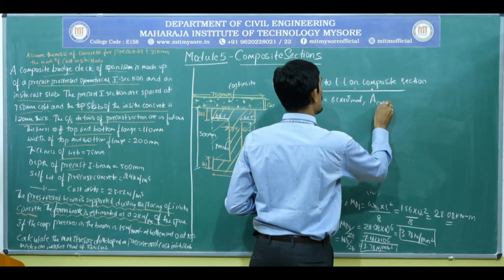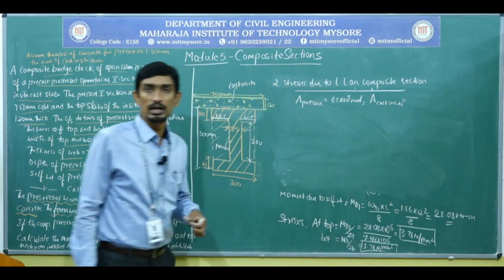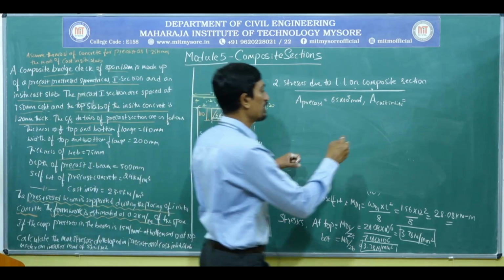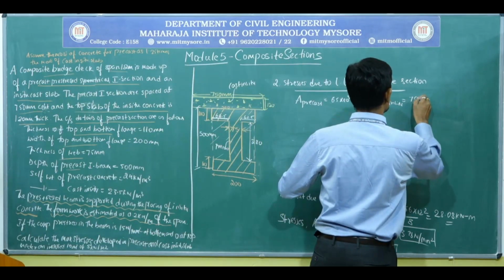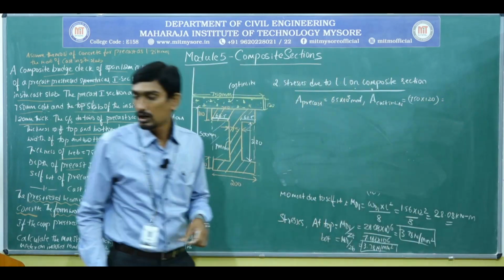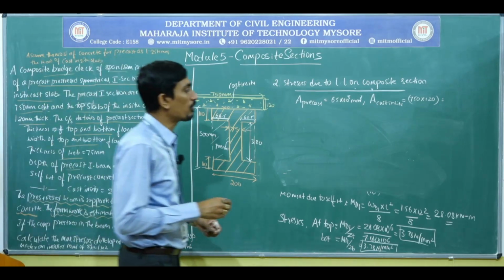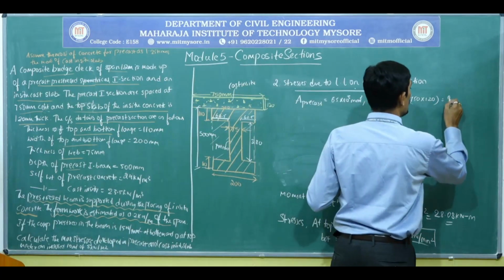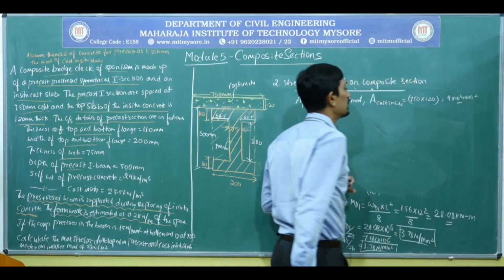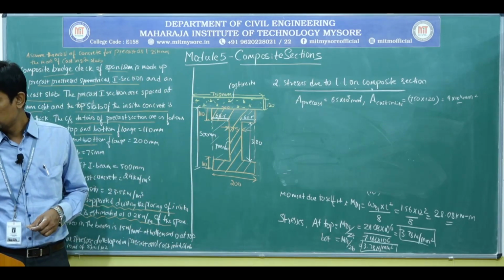Next, area of cast in situ equal to 750 into 120, width into thickness, which will be 9 into 10 to the power of 4 millimeter square. So this is the area of precast and area of cast in situ.